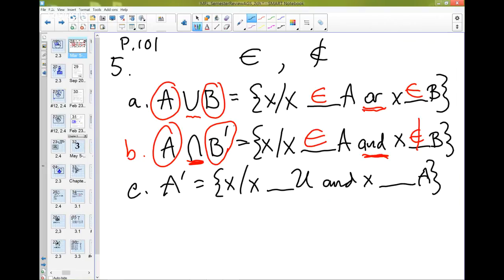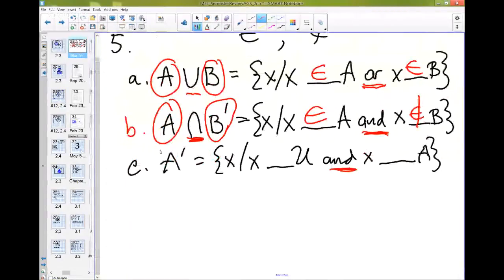The and over here kind of implies an intersection, but I don't see any intersection over here on the left. But if you think about it, I'm going to make a drawing right here.